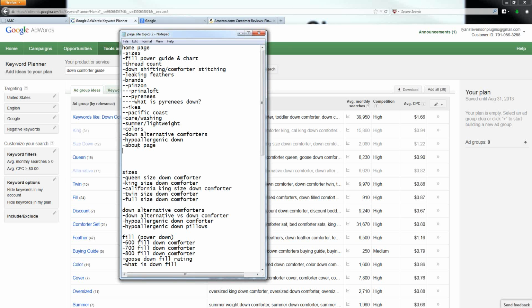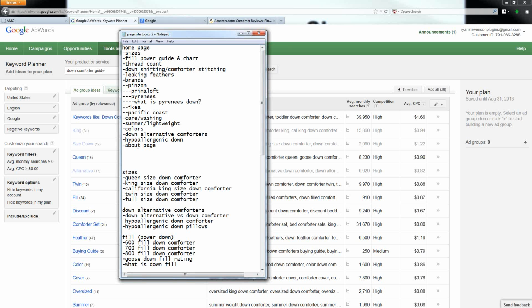I want to talk about some of the important information that I'm looking to address on each of these pages, and maybe even how I will go about creating that page, in terms of whether I'll use an article or pictures or videos, HTML lists, comparison charts, or even a combination of all of those different things.